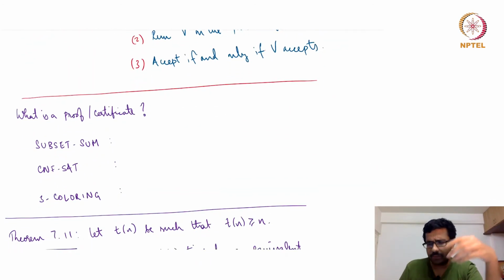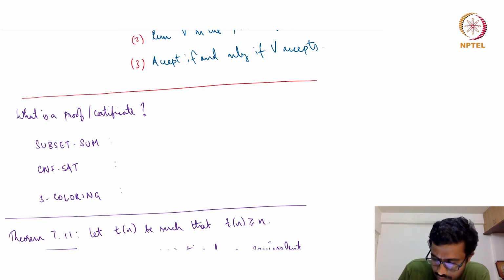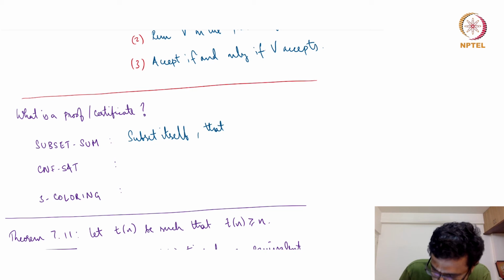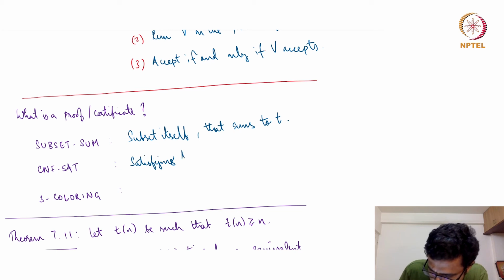So just to summarize, what are the proofs and certificates that we have seen so far? In the case of subset sum, the certificate was the subset itself that sums to the target sum T. In the case of CNF-SAT, it was the satisfying assignment of the Boolean formula, right?